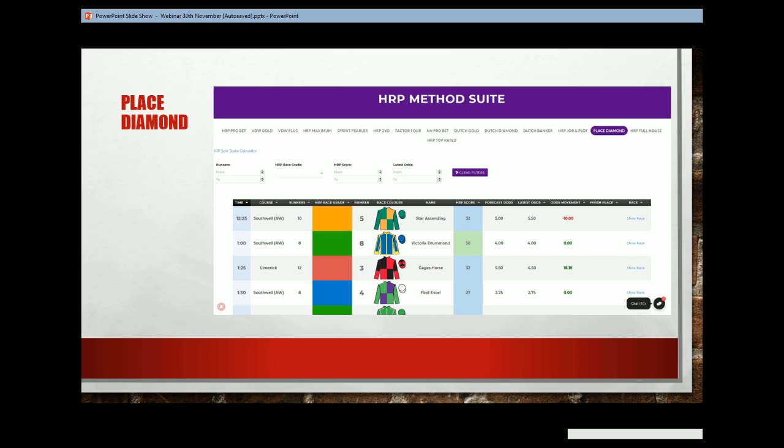We get some very high odds winners, and there is a subset of selections within the Place Diamond Suite that is showing a strike rate of over 90%. That's right, so for every 100 bets you place, around 90 of them are going to win. There's a subset of odds. If you're interested in detecting that, I think Mighty Tosh has rolled it out.